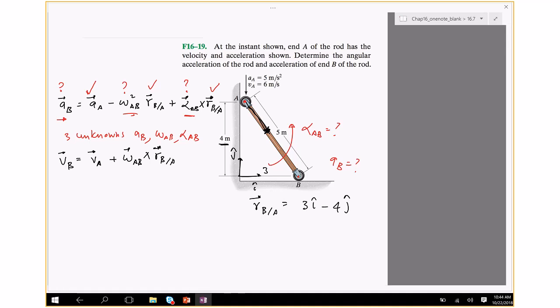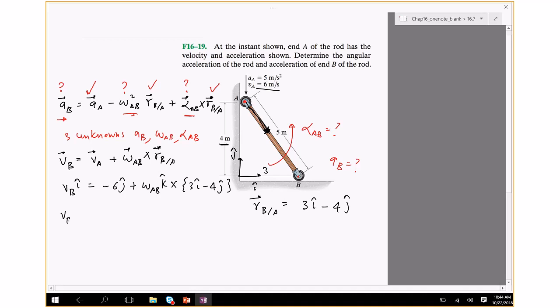Velocity of B is unknown, but we know the direction. Velocity of B is along the i direction. Velocity of A is given as 6, but in the negative j direction, so minus 6j, plus omega AB, which is unknown but we could assume it's in the counterclockwise direction, crossed with 3i minus 4j.